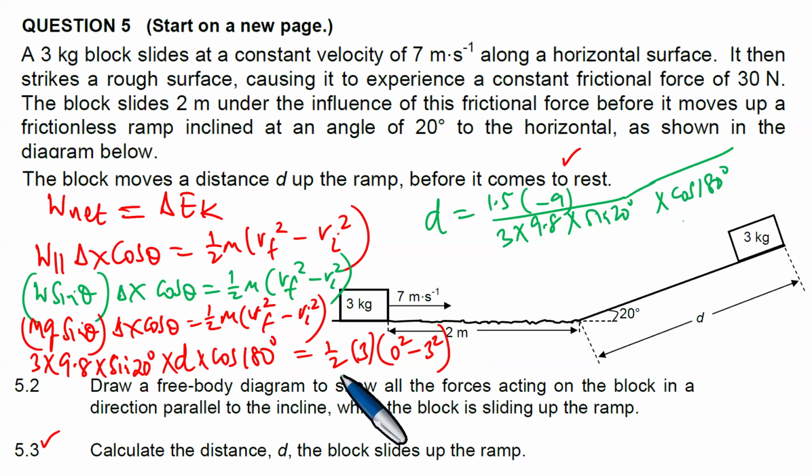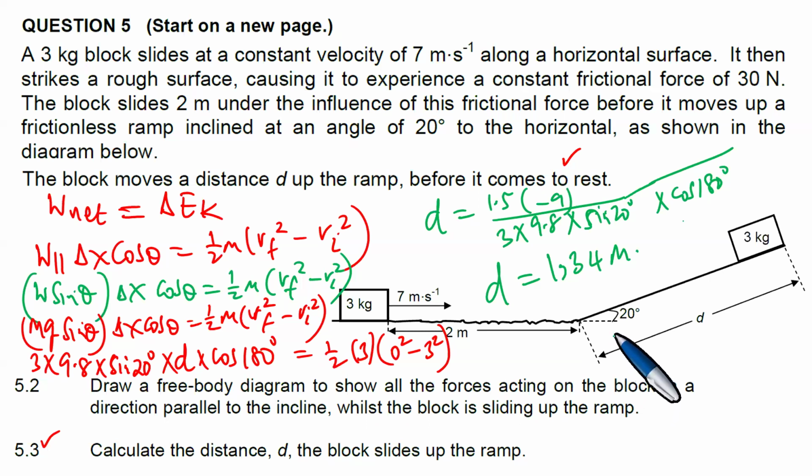So we are having this here, and we're dividing by 3 here, 9.8 sine 20 degrees cosine 180. And therefore, d is equal to what? Right, so d is 1.34 meters.